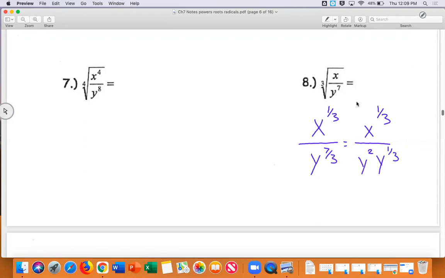Are you okay with me there, Leah? Yeah, and that's where I'm getting to. So here we have this. Yesterday we said we can't have a denominator, so we just wrote y to the negative 7/3, right?